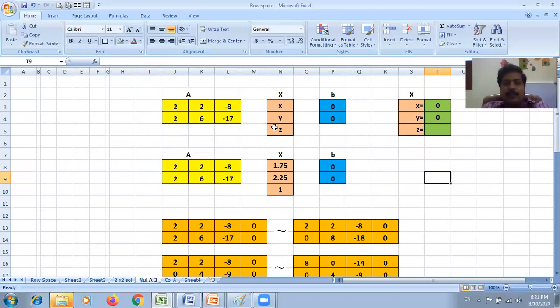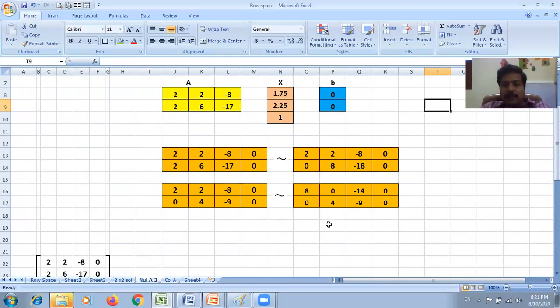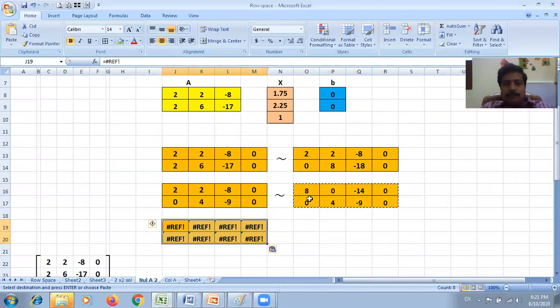So for that I am constructing an augment matrix which will be in this form. This is an augment matrix and this is converted into echelon form like this, and this is to be further converted into reduced echelon form like this.